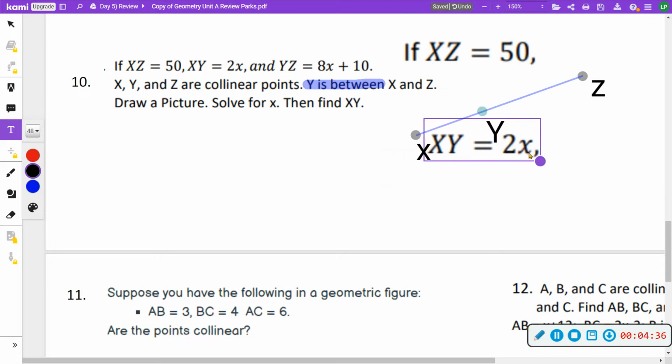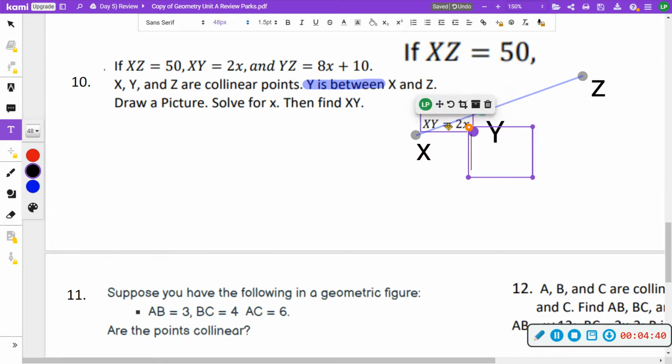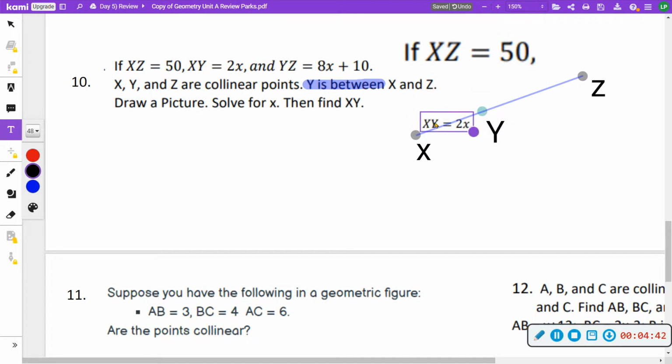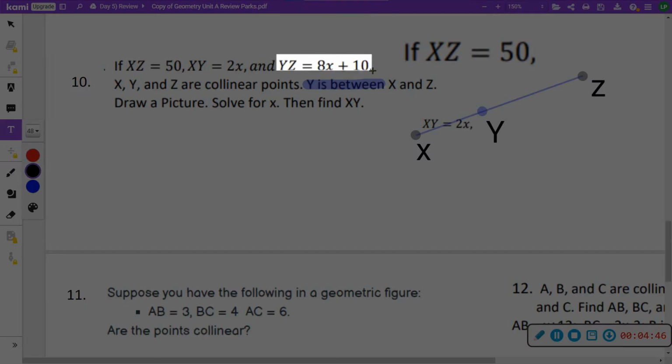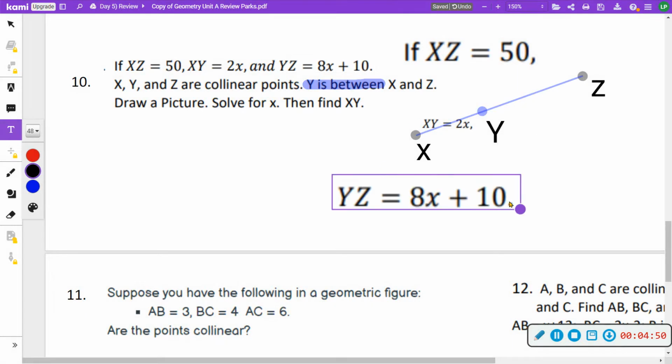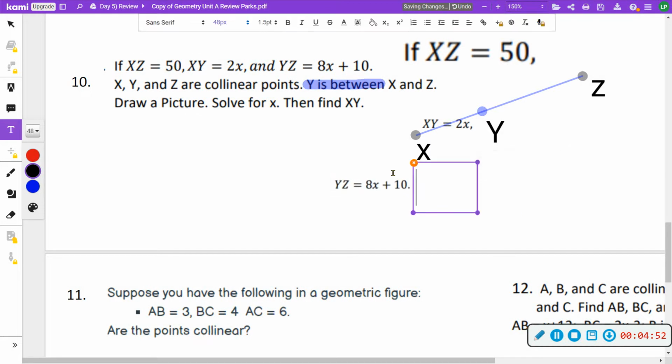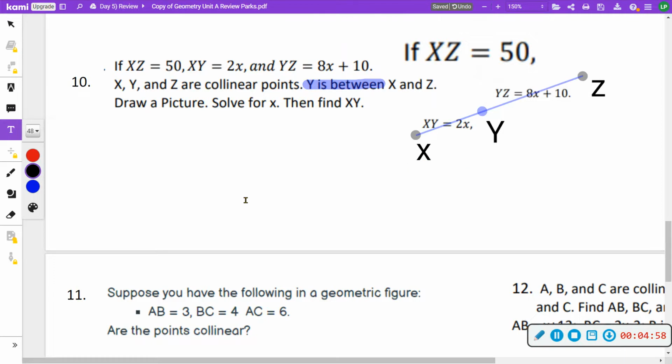So this part right here is 2x. YZ is 8x plus 10. So this part is 8x plus 10. So we got the whole thing is 50, and we got this piece is 2x, and then from here to here is 8x plus 10.